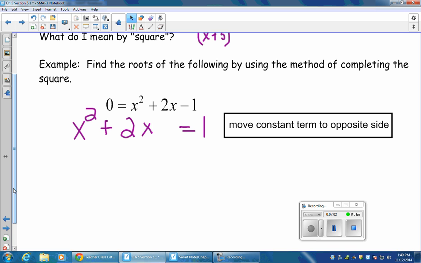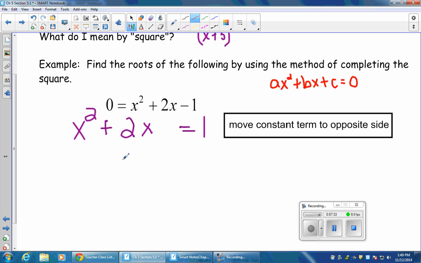The other thing to remember is that a quadratic typically comes in the form of ax squared plus bx plus c. So the a is the coefficient in front of x squared, b is the number coefficient in front of x, and the number is the constant term.